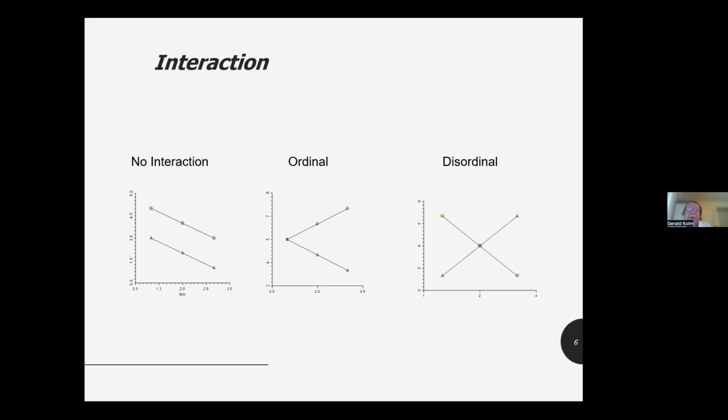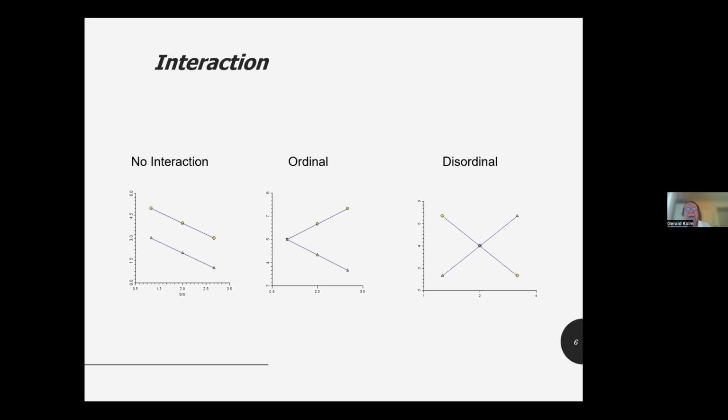If we have what's called an ordinal interaction, then that's our starting point, or maybe our ending point. Our comparison groups are essentially at the same point or very similar, start out at similar values, but then they diverge at different rates.